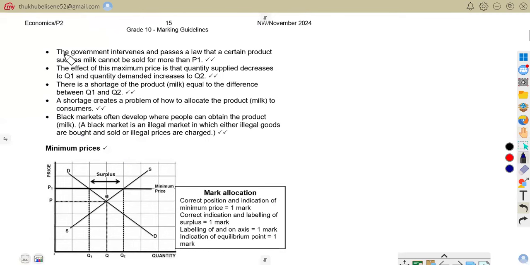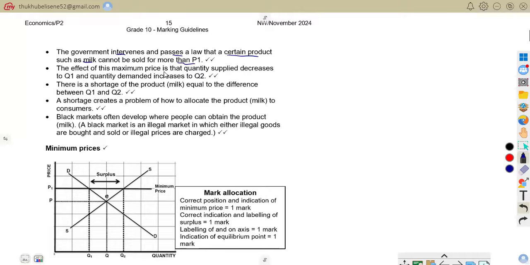It further says the government intervenes and passes a law that certain products, such as milk, cannot be sold for more than P1. So they have to be below. They cannot be sold for more than P1. They are supposed to be at P1.